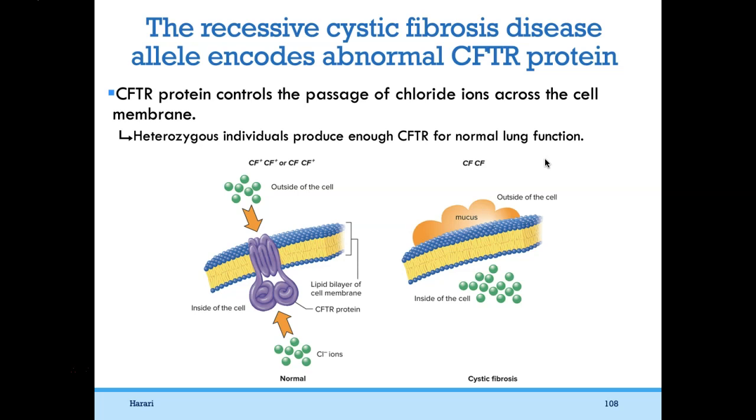So it can also affect the pancreas, because the pancreatic duct can't secrete the right kinds of enzymes into the small intestine. So CFTR, again, is a recessive disease because you need 2 bad copies in order to get the disorder, as opposed to Huntington's, where even 1 copy of the bad diseased allele was enough to get the disorder, because it was dominant, right?